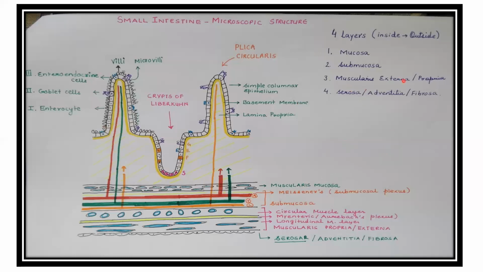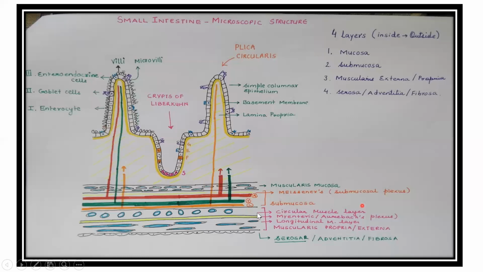So muscularis externa helps in peristalsis. Also, there are sphincters located at different sites of the small intestine and more or less in the entire GIT, and this sphincteric function is also given by the muscle layer, mainly the circular muscle layer.